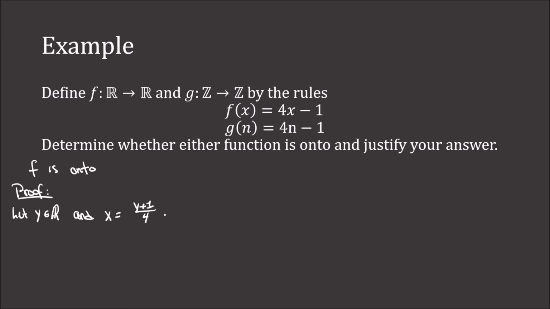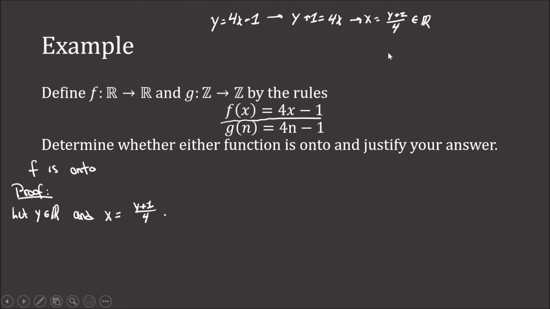If this function is onto, then that would mean that y would have to equal 4x minus 1 for some x. At this point, you just solve for x. So y plus 1 is equal to 4x, right? And so that would mean that x is (y plus 1) over 4, and that is obviously a real number, right? It's a real number plus a number divided by a real number. So that's where this came from.